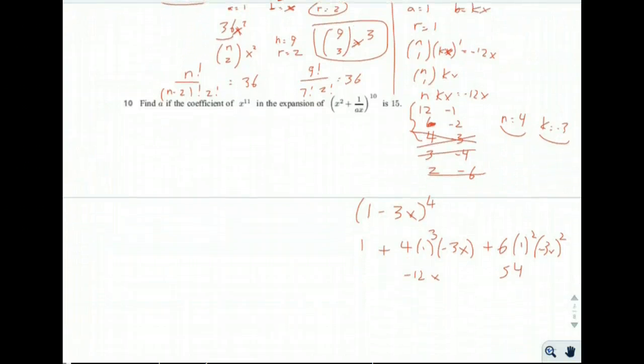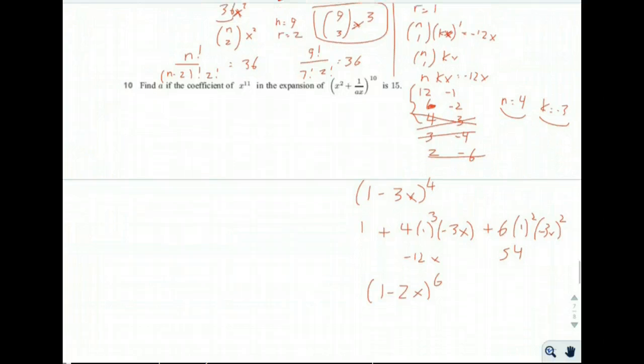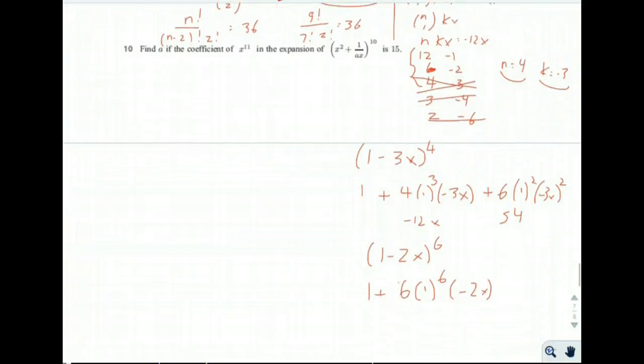So then we could try the next one, which would be 6 and negative 2. So it would be 1 minus 2x to the 6th. Does that work? So that would be 1 plus 6, 1 to the 6th, negative 2x to the first. And then what would the next term be?